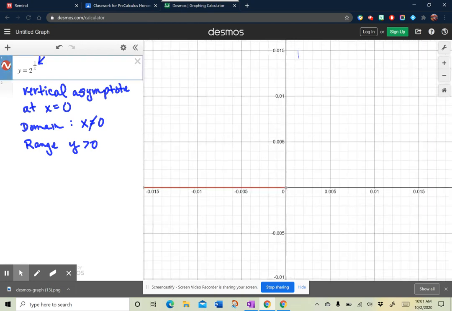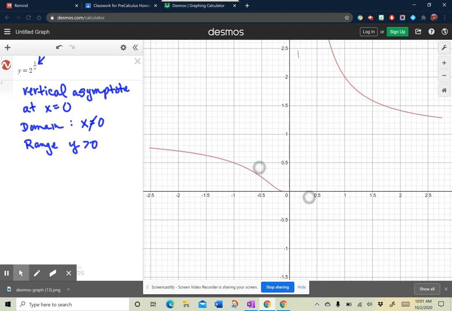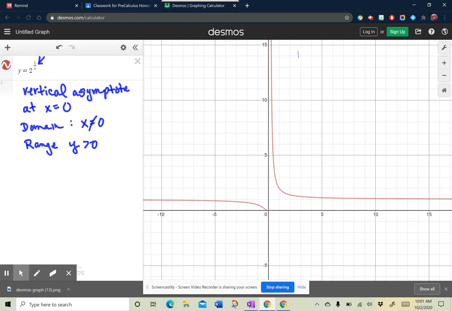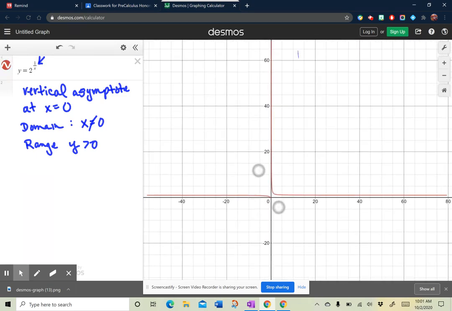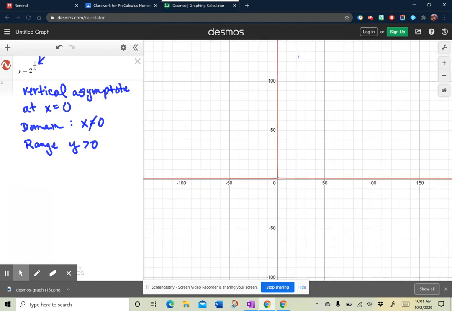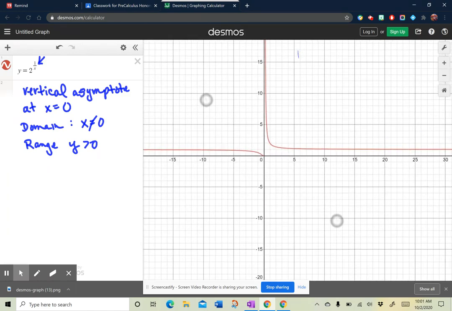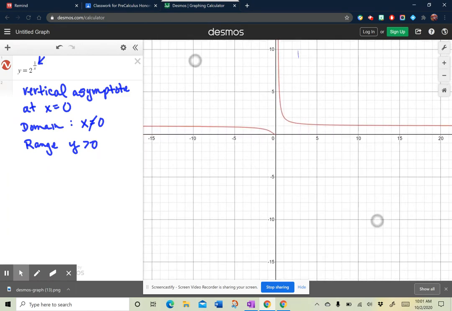Okay? So now, let's just go back to our graph. We can even zoom like this. Am I making you dizzy yet? So the way that you look at a graph in the viewing window really does have an effect on your understanding of it.